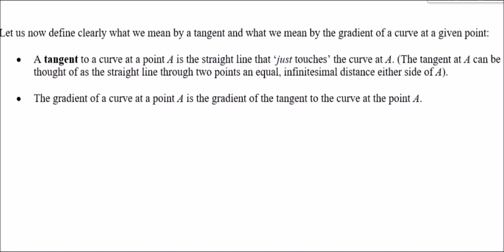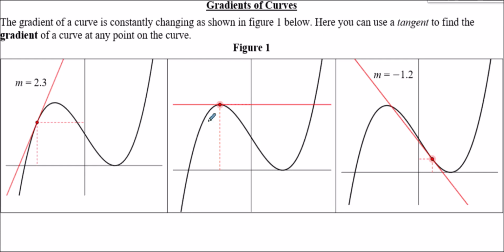If you look back at the previous one, this tangent, for example, does cut the curve again, but only because the curve changes direction. So this can cut the curve more than once, but it only just touches at any one given point.